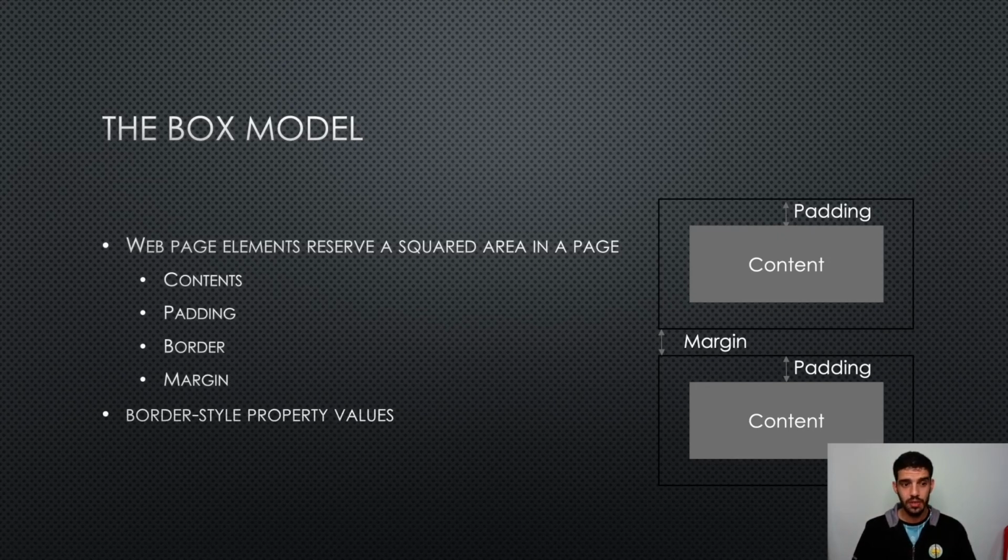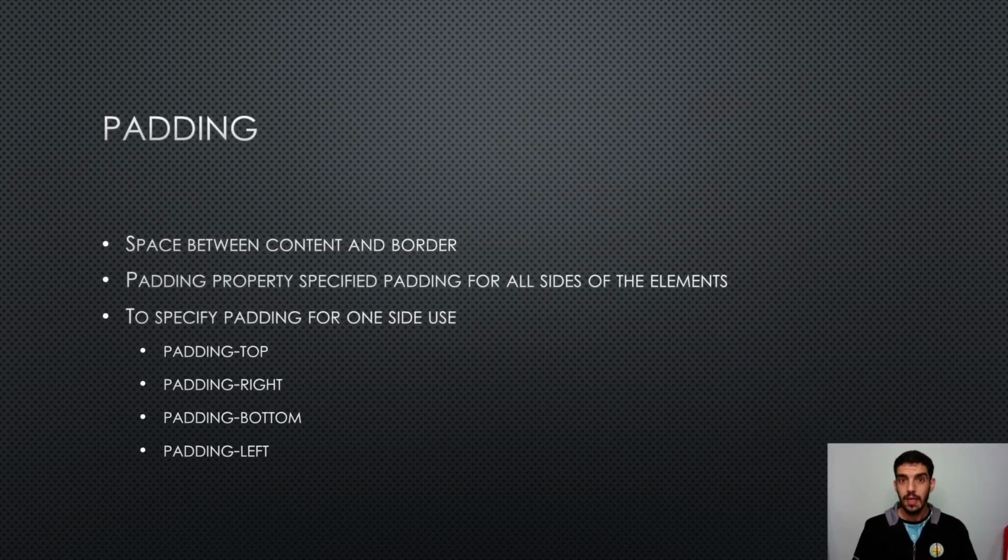To style a border, you will use the following values for border style. It could be none, and that is the default. That's why you don't see a border for a paragraph. There is also solid, dashed, dotted, and double. Go and try it.